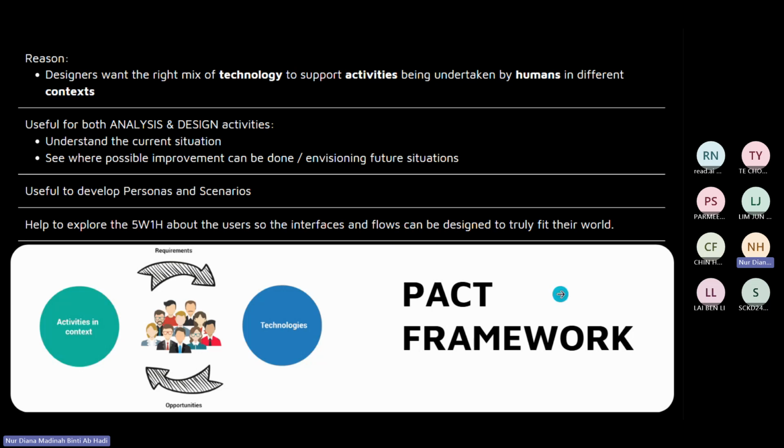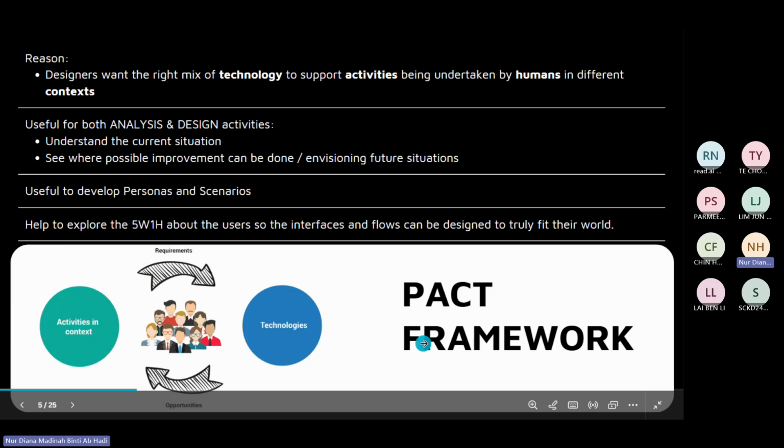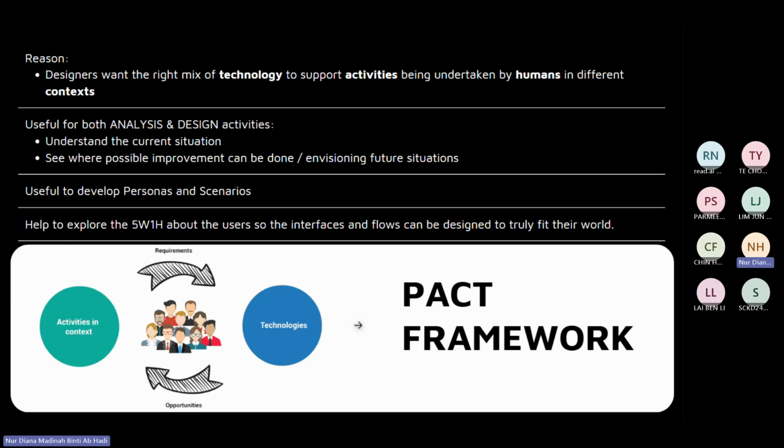When you use the PAC framework, it is also useful for developing personas and scenarios. It helps you explore the 5W1H for the users, so that the interfaces and flows you design really fit the people who will use your application.